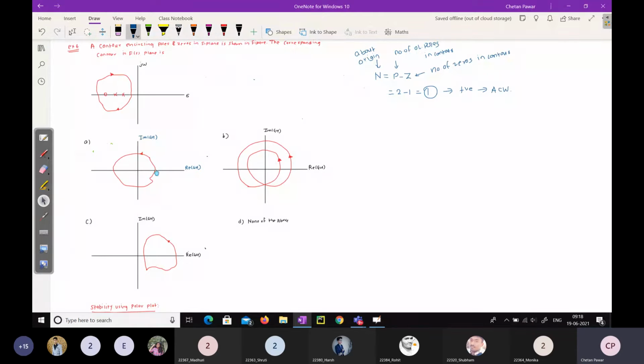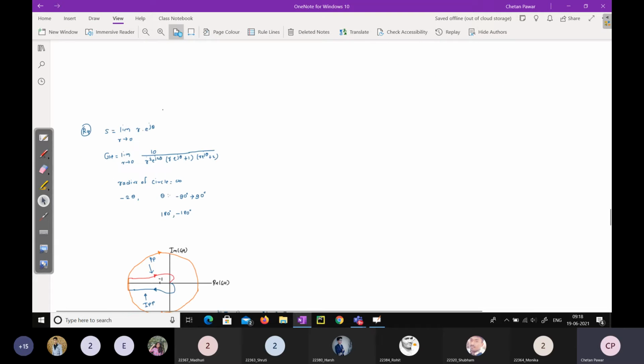So this will be the correct option. Here you can see this contour is encircling the origin in an anti-clockwise direction 1 time. So this will be the correct option. Okay. So this way you can treat the problems.